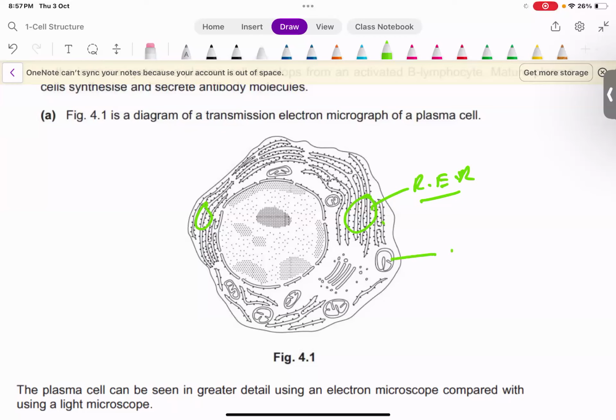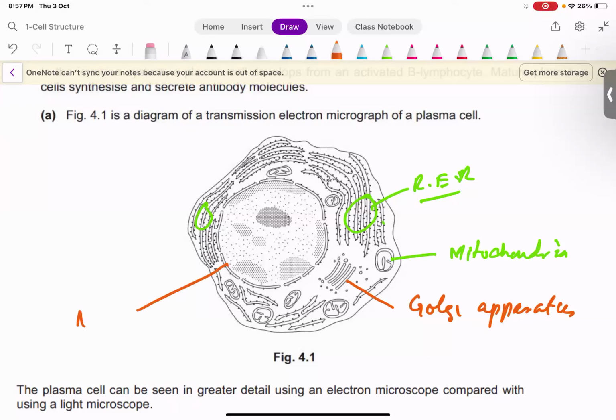These are mitochondria. We have this Golgi apparatus or Golgi complex, this whole structure. This is the nucleus, and I don't see any smooth endoplasmic reticulum here.